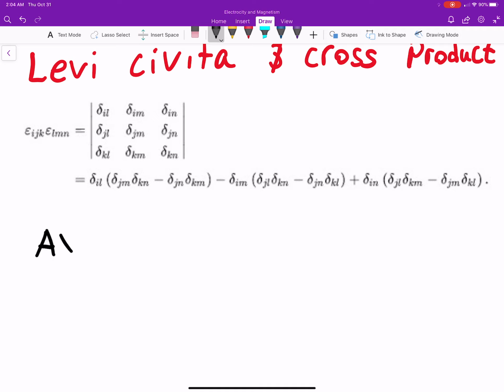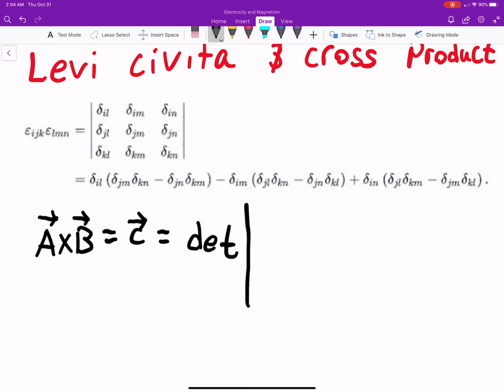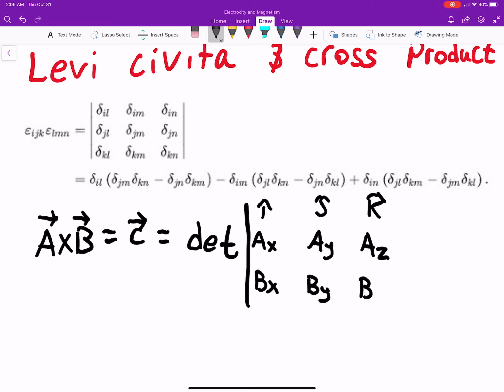So vector A and vector B, if you cross two vectors, you'll get another vector C. The way I like to compute the cross product is the determinant of I, J, K, then the X component for A, the Y component for A, the Z component for A, and then the same thing for B. I talked about this in the previous video.